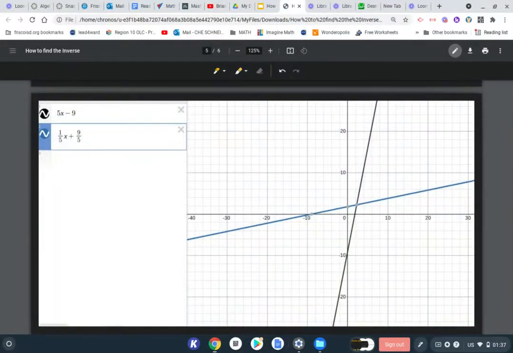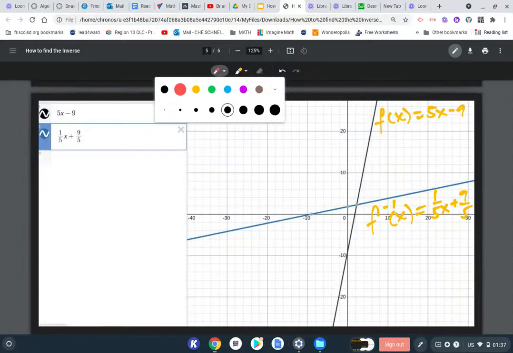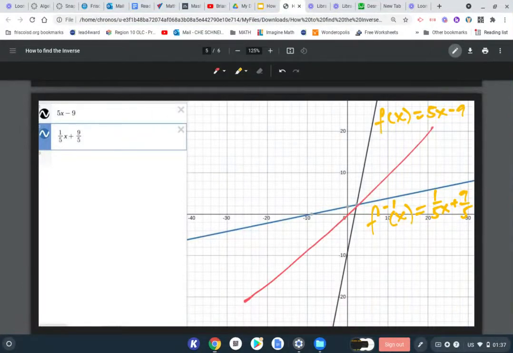I want to show you something that is quite interesting. Okay, when you have a function, which was in our case this one, 5x - 9, and then you have the inverse, which is 1/5 x + 9/5, you can always rely on one thing: y = x, the parent function of a linear function, as your mirror line.